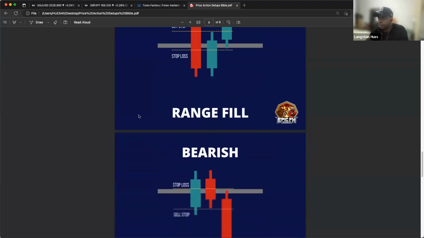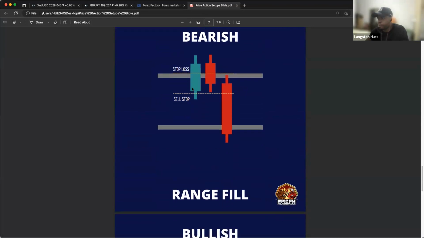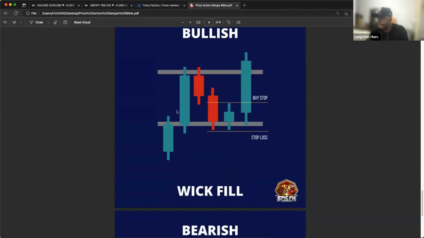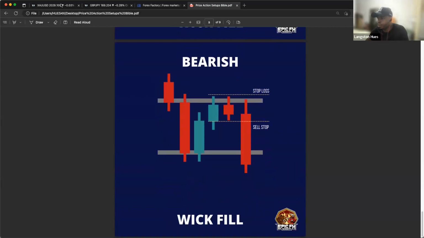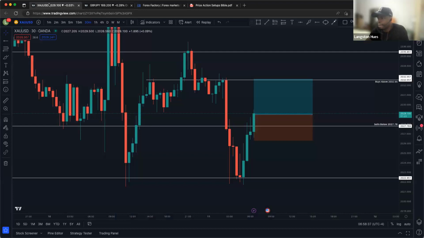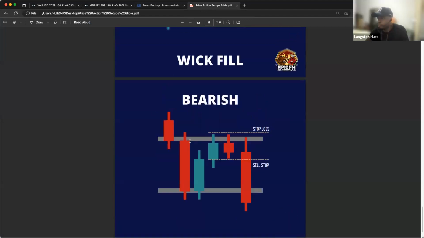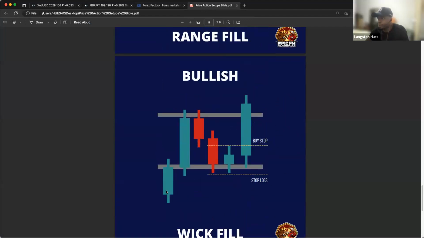Very similar. Then it also happens in the reverse. You have the bear's version of the same setup. You got the wick fill: bearish wick fill, bullish wick fill, right?